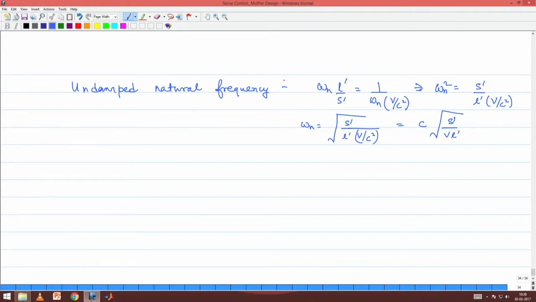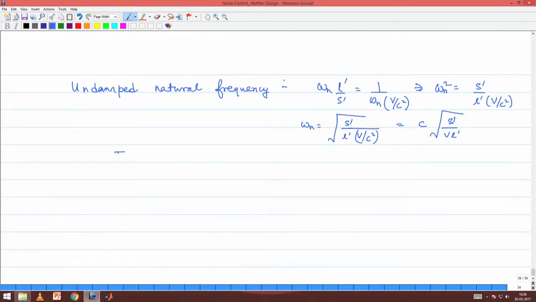That is how the natural frequency of the Helmholtz resonator looks.